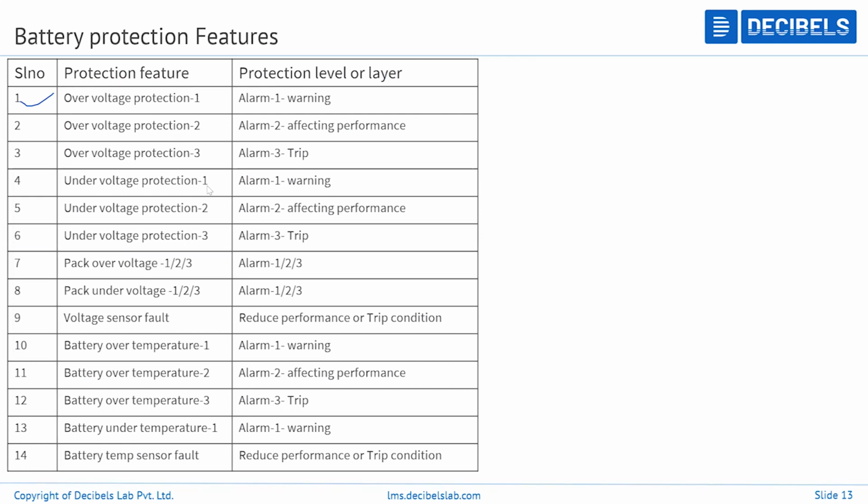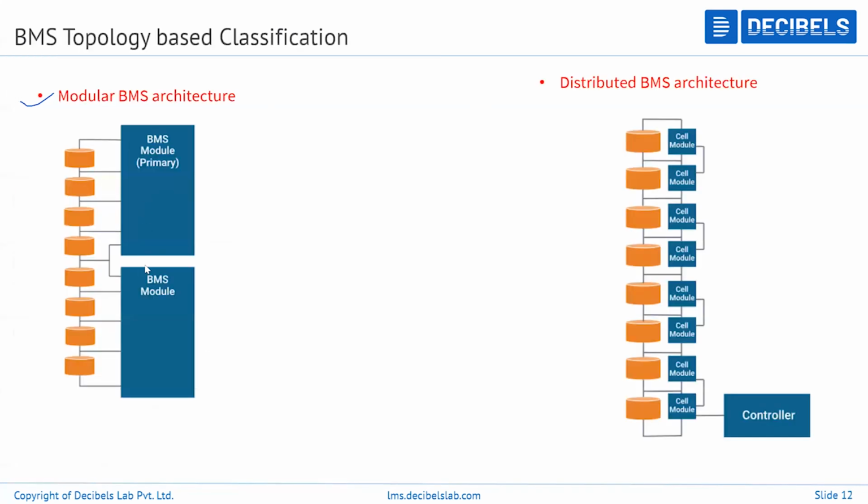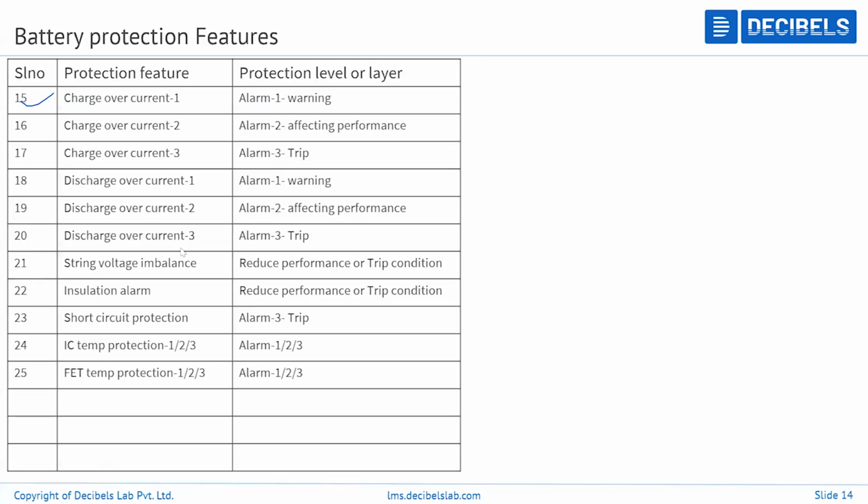Same with respect to under voltage, level 1, level 2, level 3, and even for the pack level, under voltage and voltage sensor fault, battery over temperature level 1, 2, 3, under temperature, battery temperature sensor fault, charge over current level 1, 2, 3, and discharge over current, insulation alarm, string voltage imbalance, IC temperature protection.